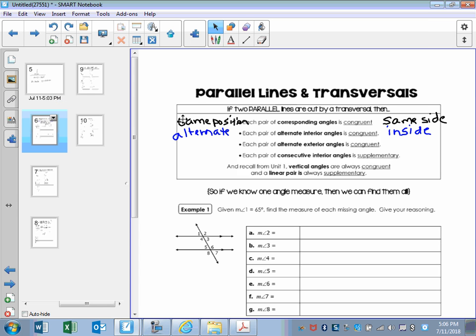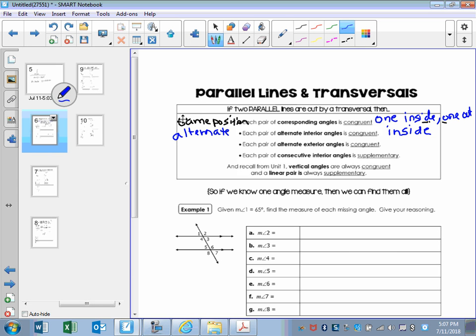So you think about corresponding angles as being one inside, one outside. So let's change that. Let's make that one angle inside, one angle out.